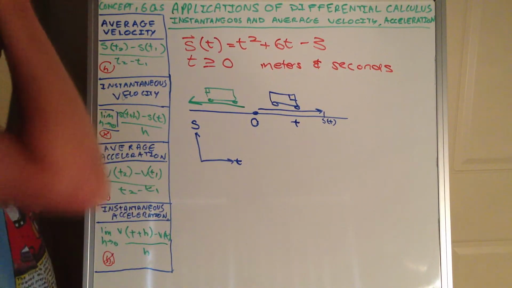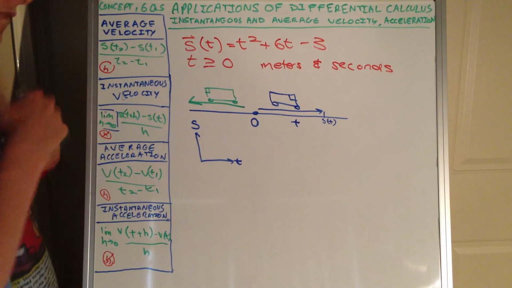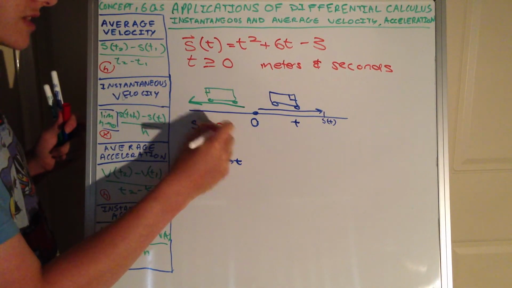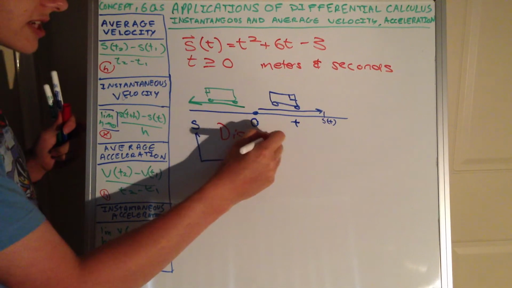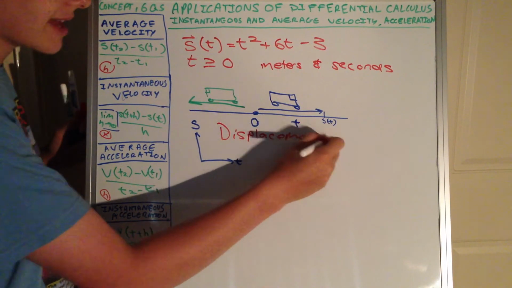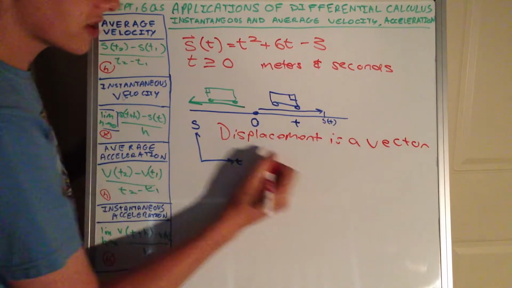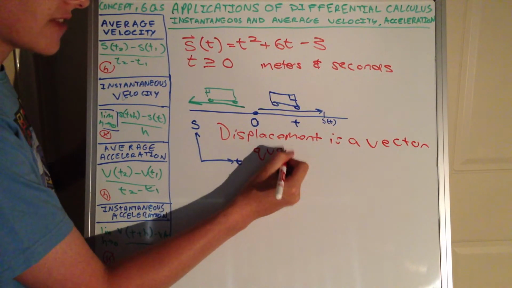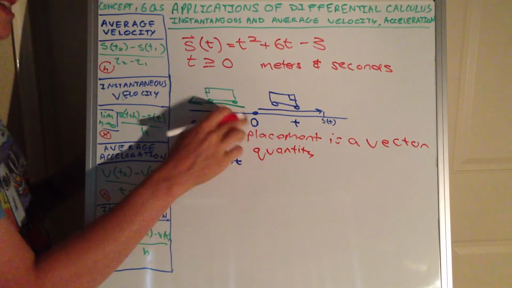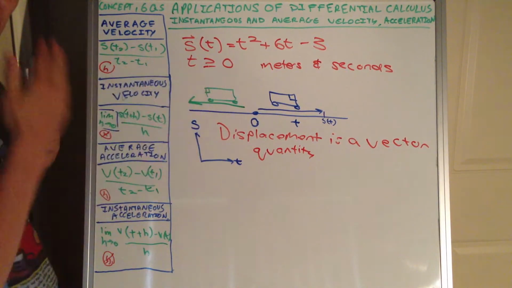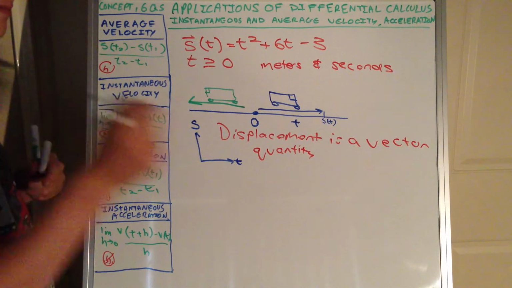Because the difference between displacement and distance travelled is that displacement is a vector quantity. And that means that it needs to have both direction and magnitude. So because displacement is a vector quantity, t less than 0 means that we would be moving to the left from the origin, in the other direction.